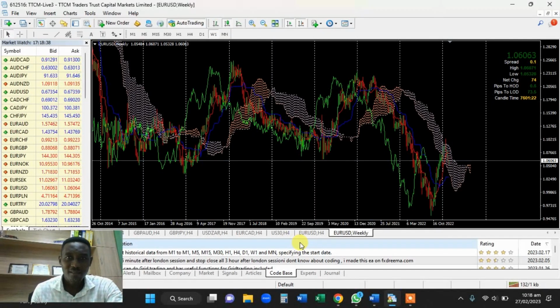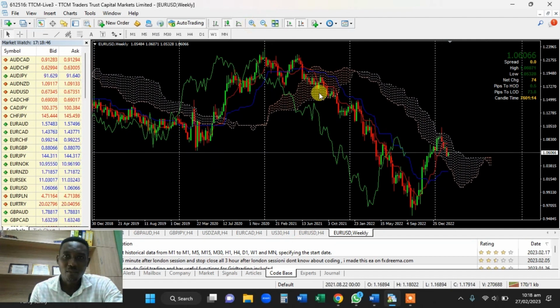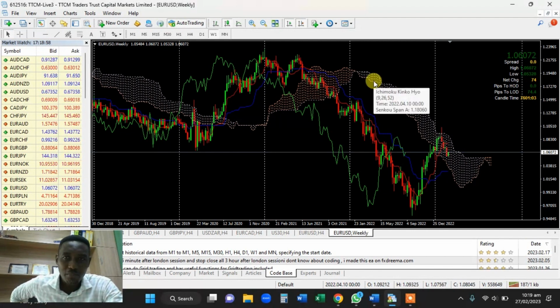Many have said many things about the Ichimoku trading system. Most of the time, when people immediately look at the system on the chart, it overwhelms them. There's so much information, so much movement, and sometimes it's so difficult for people to interpret. And they say, well, this is not a trading method, it's not a system.